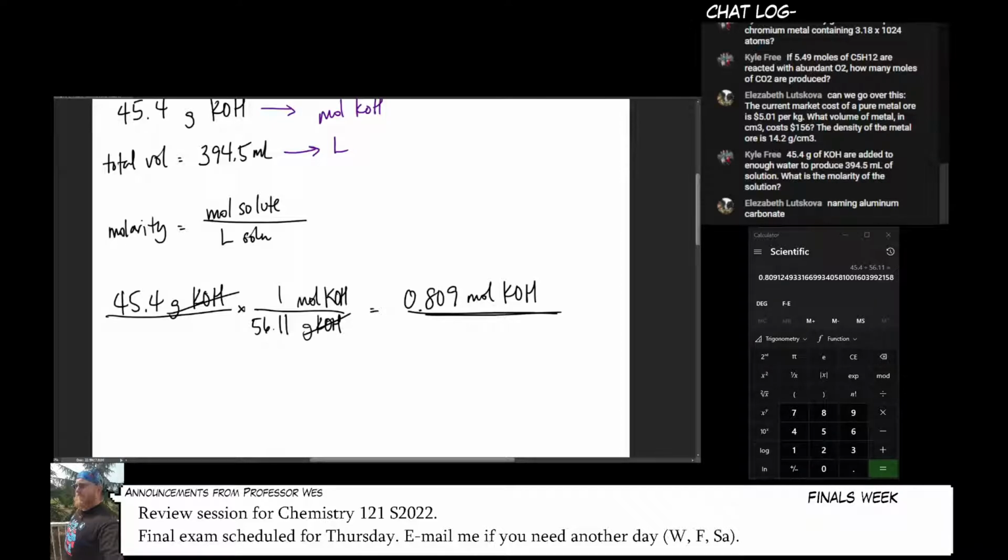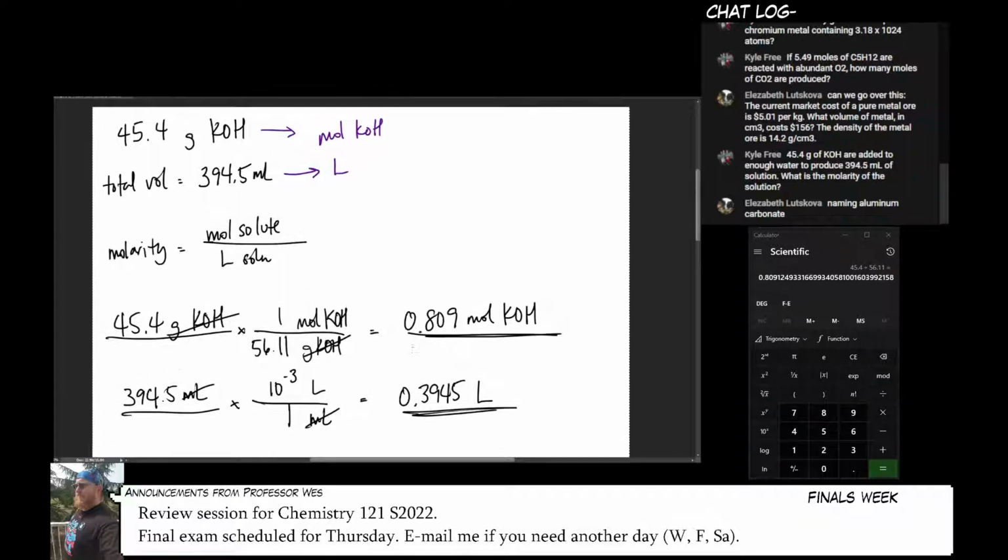And then we have 394.5 milliliters, which we need to turn into liters. And we know that in a milliliter, there are 10 to the minus 3 liters. Which tells us that much is our volume. And then finally, I just take those two numbers and I put them together.